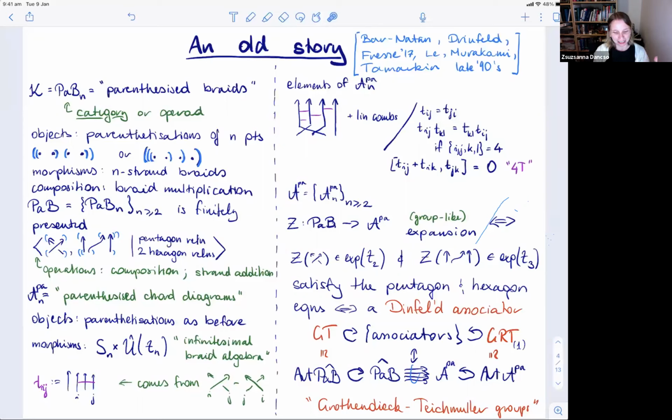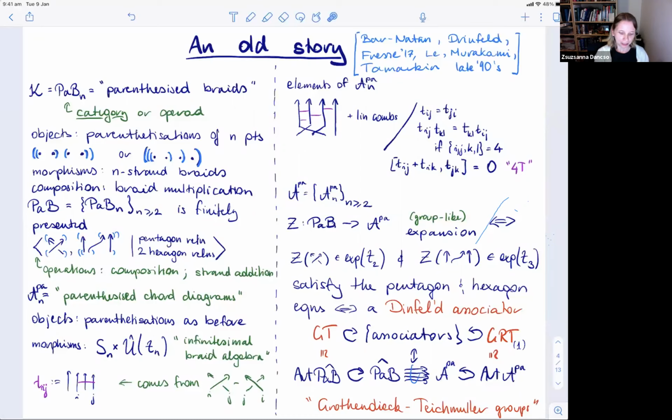And this is finitely presented, generated by the crossing and what is called the associator braid. Basically the braid itself is the trivial braid, but it goes from one parenthesization of 3 points to the other parenthesization of 3 points.